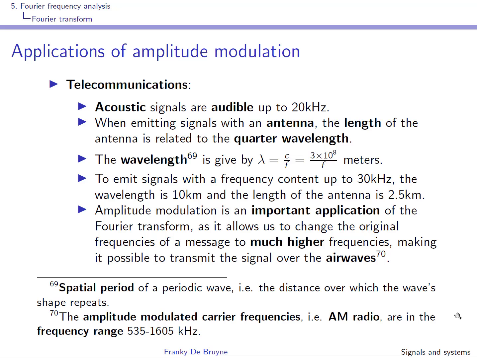As you know, the wavelength is the speed, in this case the speed of light, divided by frequency. So if you want to emit a signal with a frequency content up to 30 kilohertz, and this is to make the calculations easy, you see that the wavelength is 10 kilometers and the length of the antenna would be 2.5 kilometers. Okay, so this is impossible.